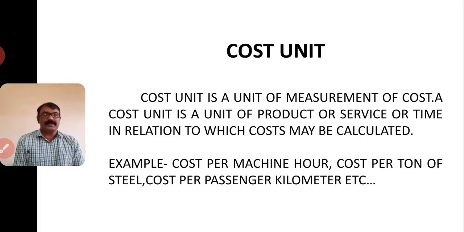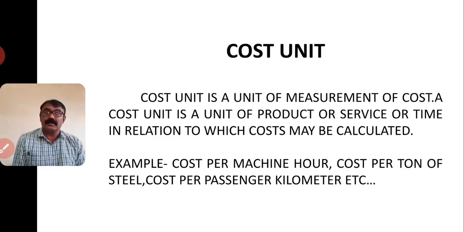The best example is cost per machine hour. Per machine, per hour, how much will be the cost? That is the cost unit. Similarly, cost per ton of steel. When production is going on in a steel factory, per ton of steel, how much does it cost?